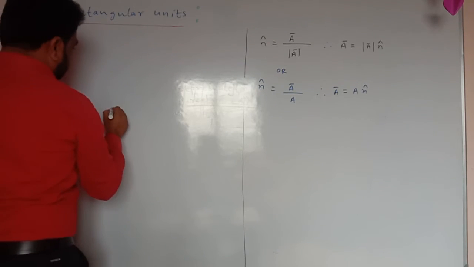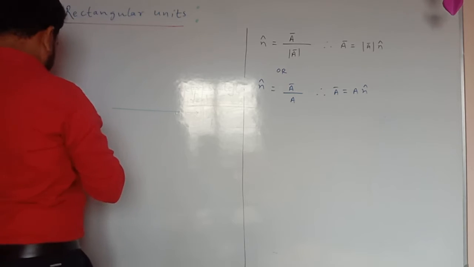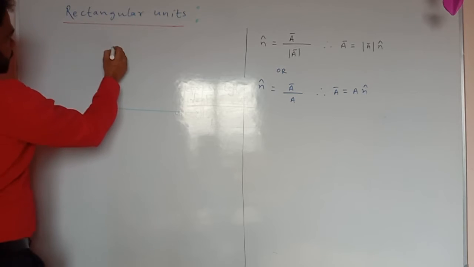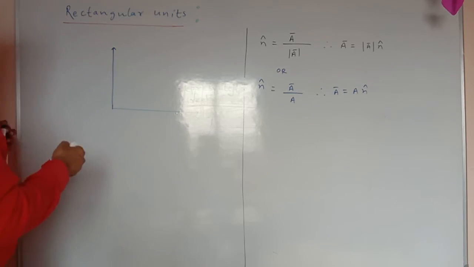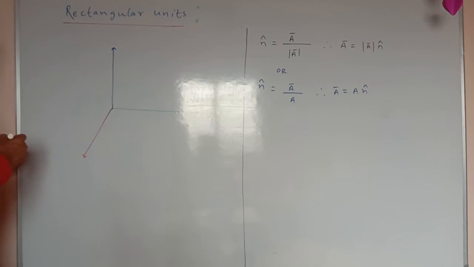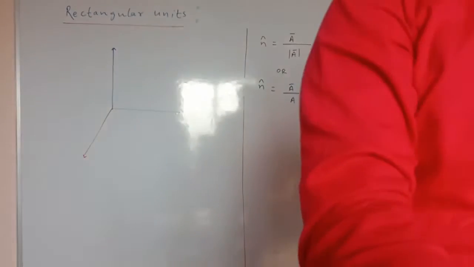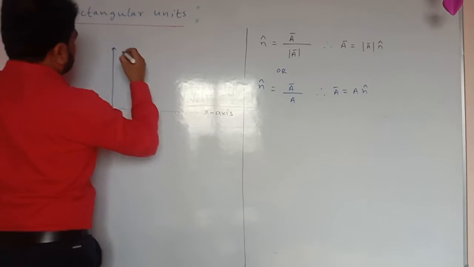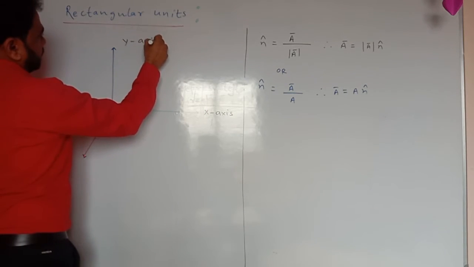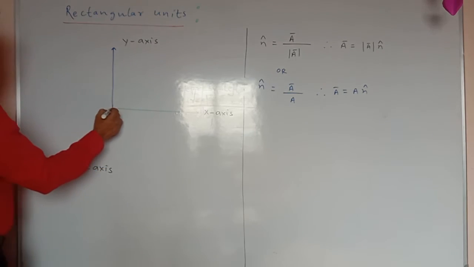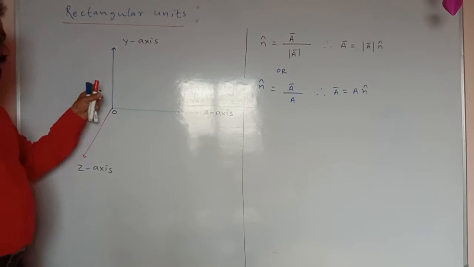Suppose this is the x-axis, vertical is the y-axis, and the third axis is like this. So three axes are there: here the x-axis, here the y-axis, and here the z-axis. This is the origin.